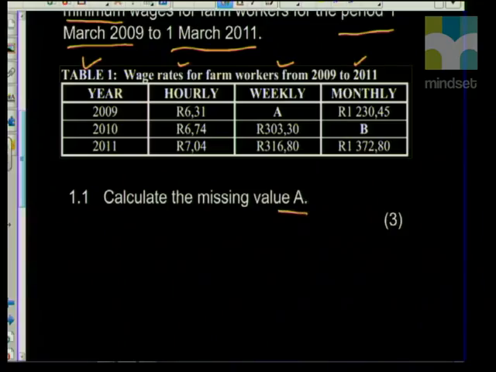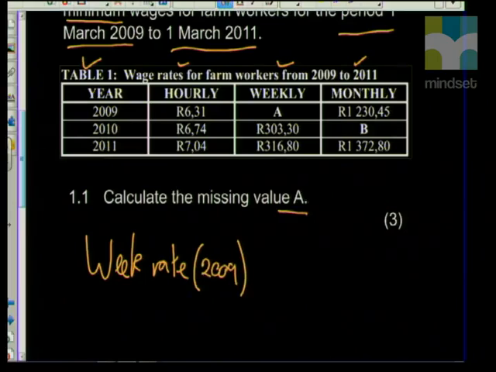And so immediately the first question is, let's calculate the missing value of A. So what was A? A is the weekly rate of pay, the weekly rate for 2009. Now, how are we going to do that? We are given the hourly rate and we want to get the weekly rate.